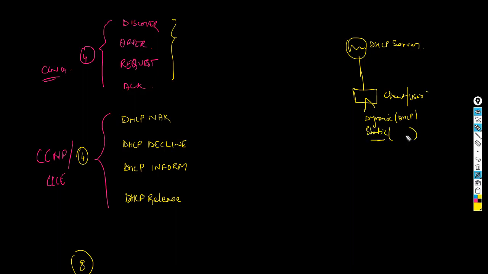Static is where you configure your own IP address, your own gateway, your own subnet mask. Dynamic is automated: it sends a broadcast discover message to the DHCP server and gets an IP. Let's not talk about static because static is simple. It's about giving a manual IP. So let's focus on the dynamic option.